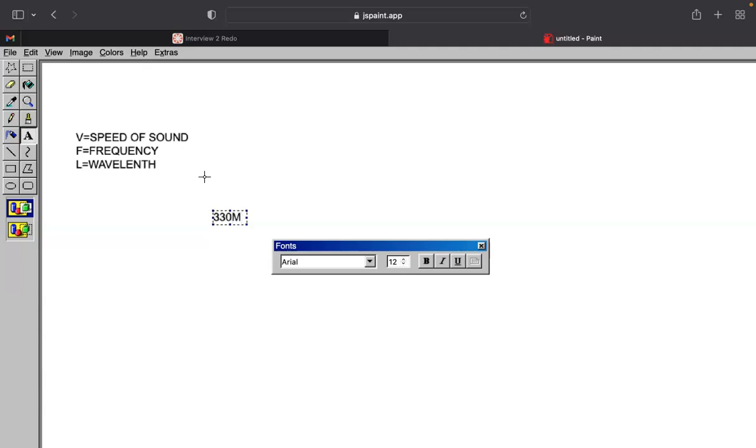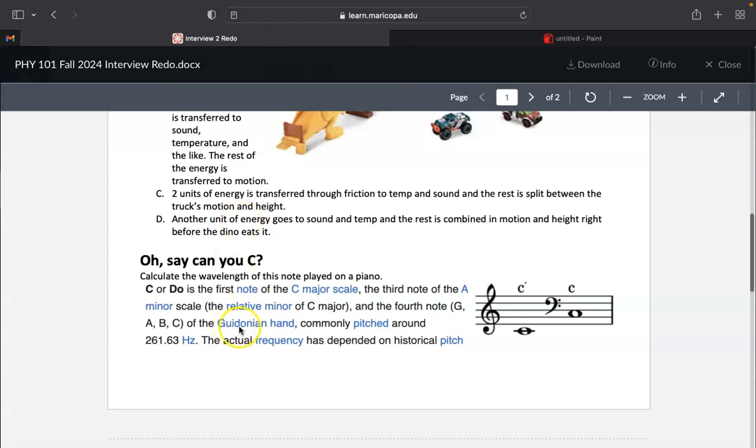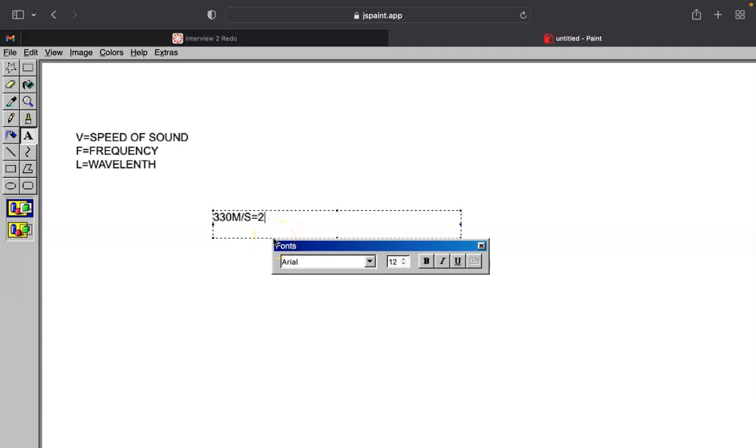So let's do this. Speed equals F. So we have the frequency in here. You gave us the frequency, so it's 261.63. And then we multiply that by the wavelength, which is what we do not have.